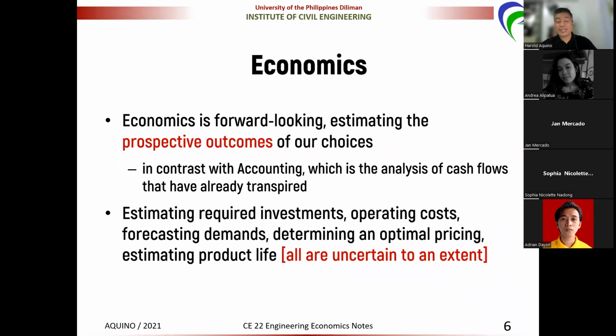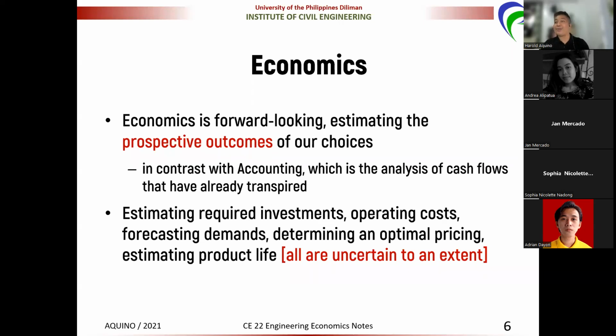Now, I'd also like to point out that the perspective of economics is forward-looking. It means that we look at future impacts, future cash flows, prospective outcomes of the choice that we make today. This is in contrast with accounting, which is basically an analysis of the cash flows that have already occurred in the past.